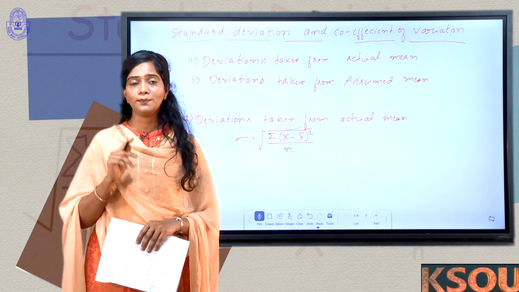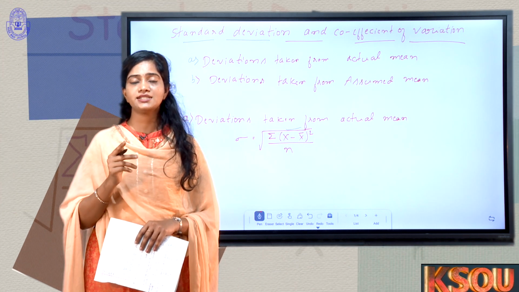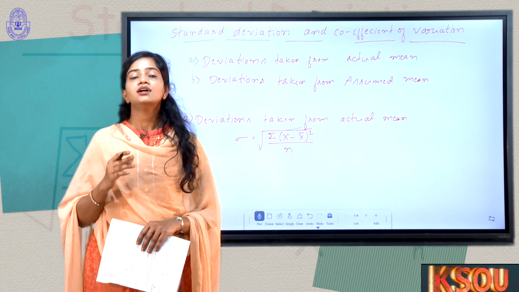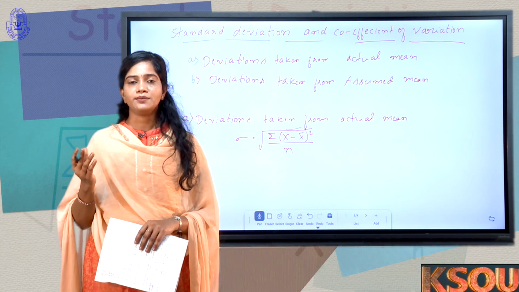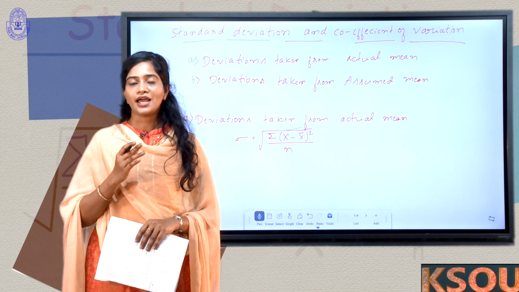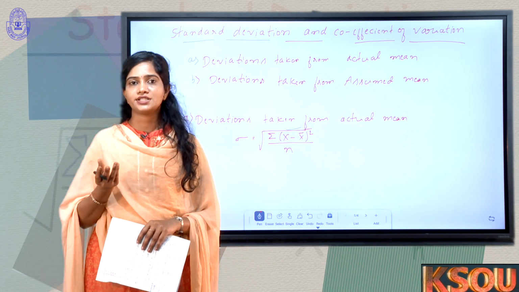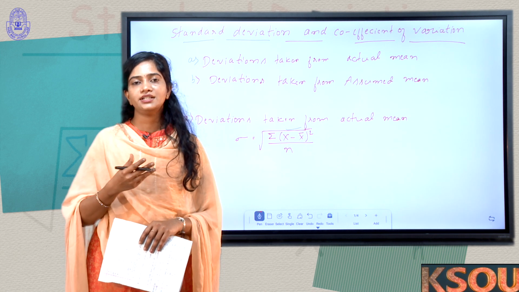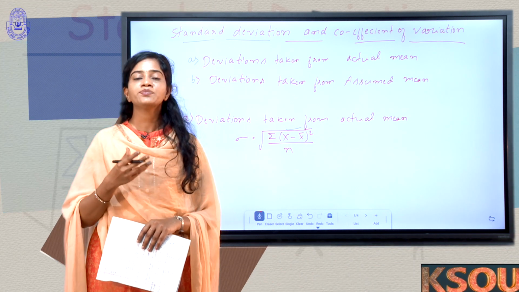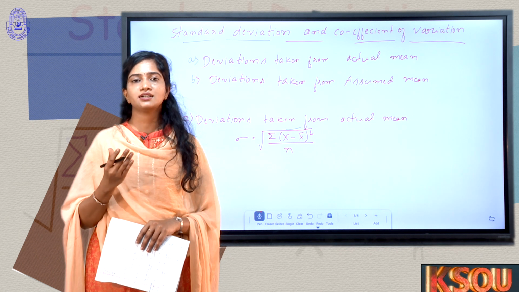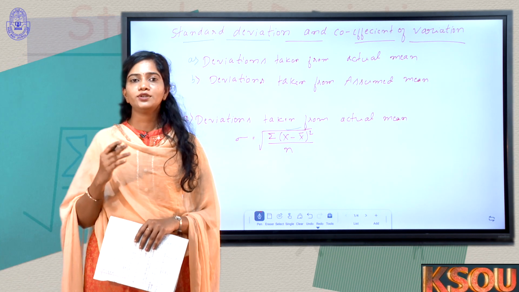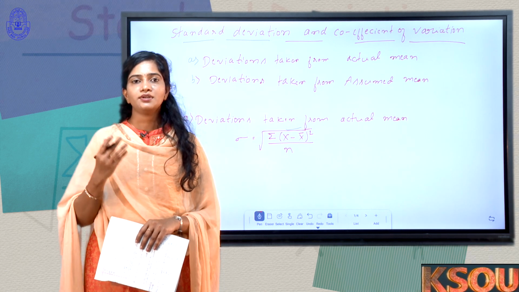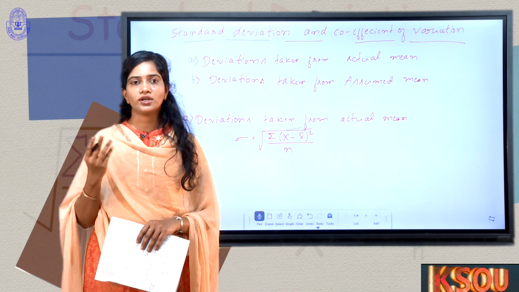So, in order to compare these two variables, say height of the person and weight of the person, we will have to take the relative measure of dispersion, because you may have different units of measurement here. For height, the unit of measurement is centimeters. For weight, the unit of measurement is kilograms.